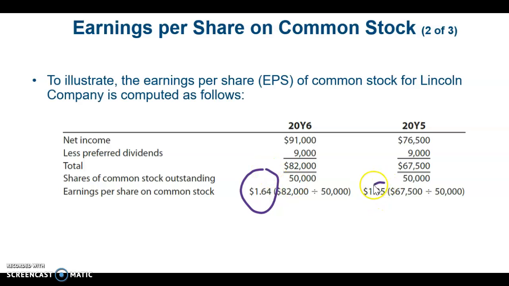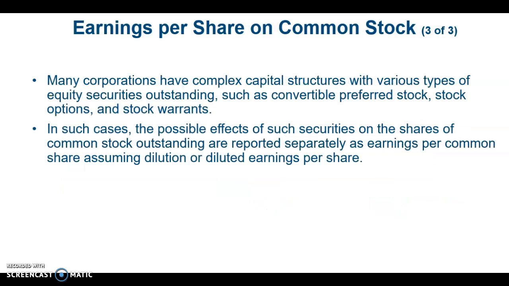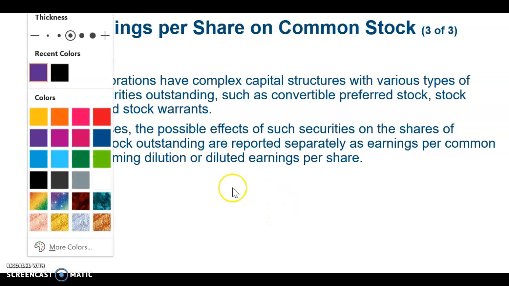So common stockholders are earning more per share this year than last year. Of course, you would want to compare it to the industry average too. Okay, many corporations have complex capital structures and they have different types of equity. They may have convertible preferred stock, stock options, stock warrants.